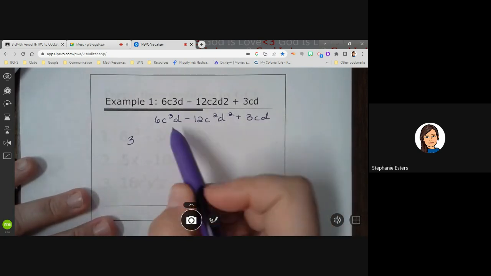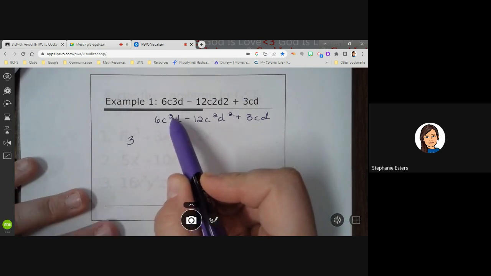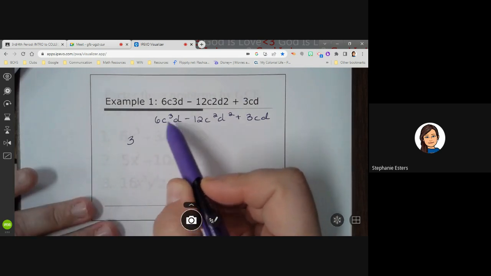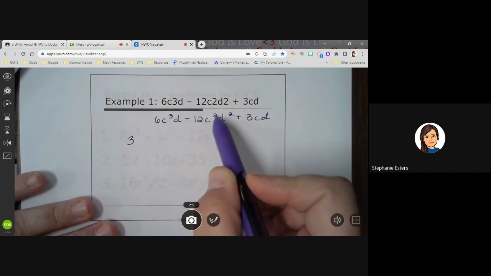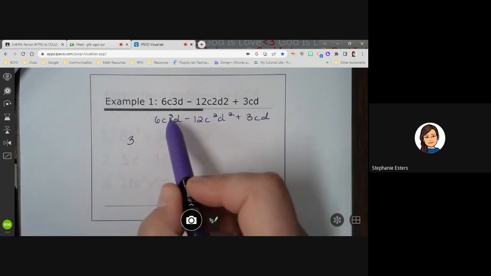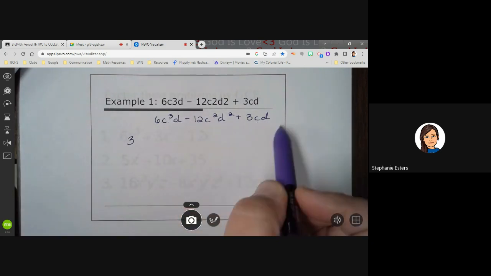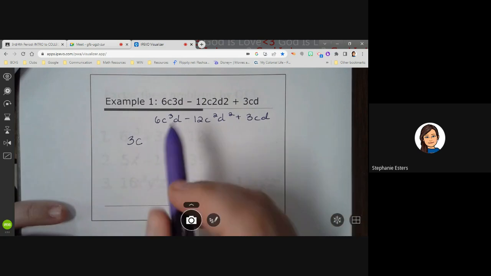Then I need to look at my variables. If the first term has c to the third, remember that's c times c times c. So there are literally 3 c's in this particular term. This one has 2 c's, but this one just has 1. So I can't take 3 or even 2 away from a term that only has 1. 1 c is what's part of my GCF.